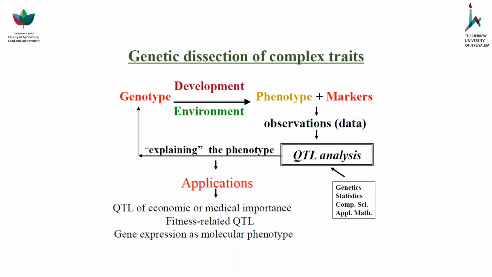Then we collect the phenotypes on the population for each line, for each genotype, and send the population for genotyping to get markers, DNA genotypic data. Then we can look for an association between the phenotypic data and the genotypic data to perform a QTL analysis that can explain the phenotype by the genotype.